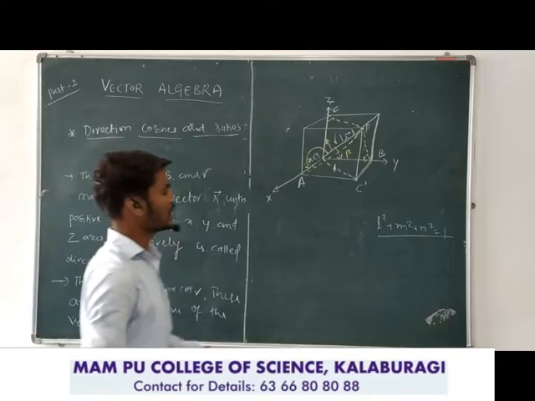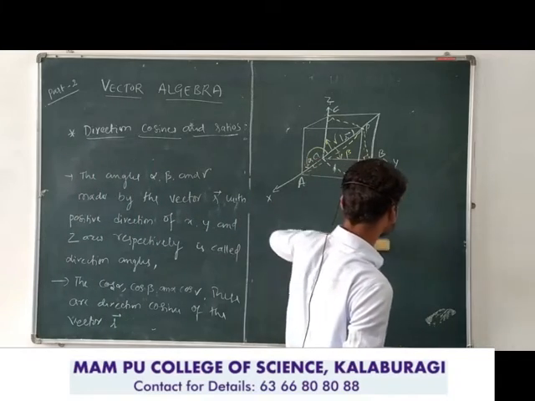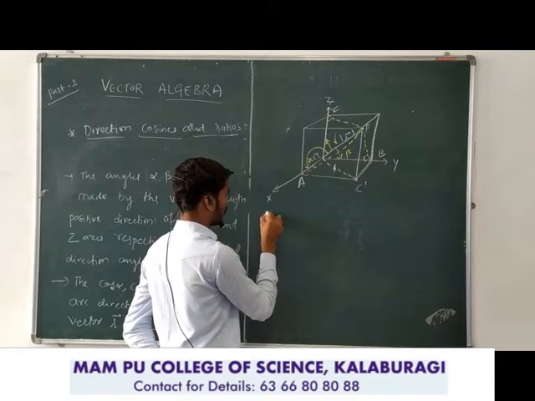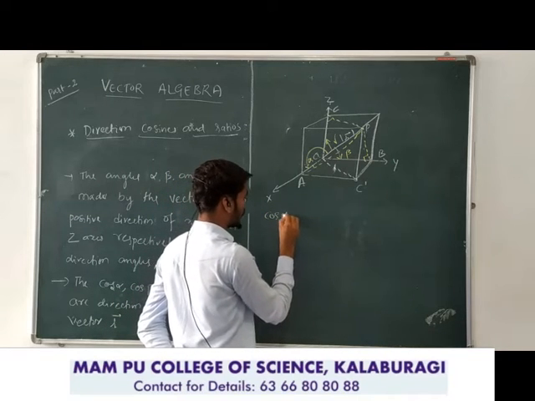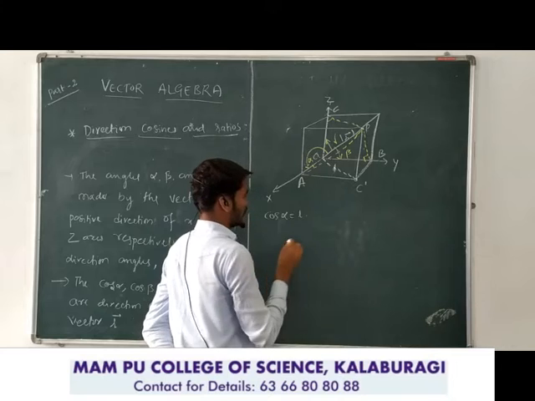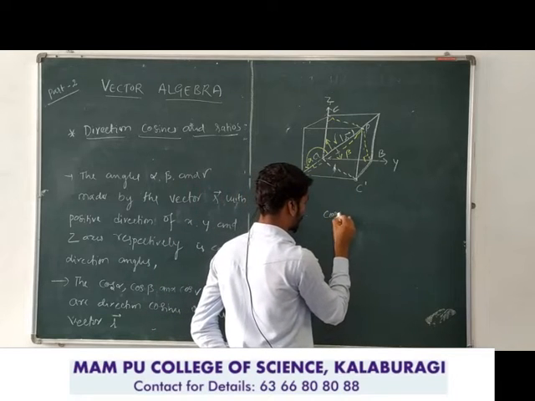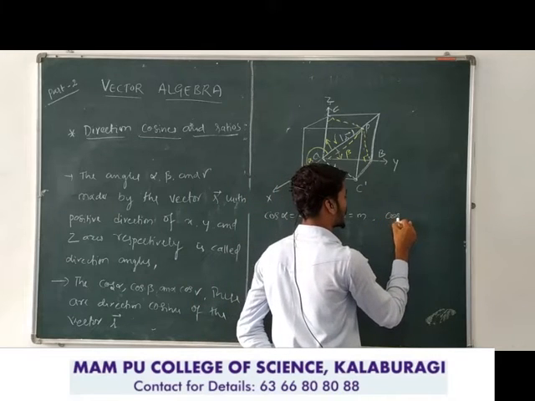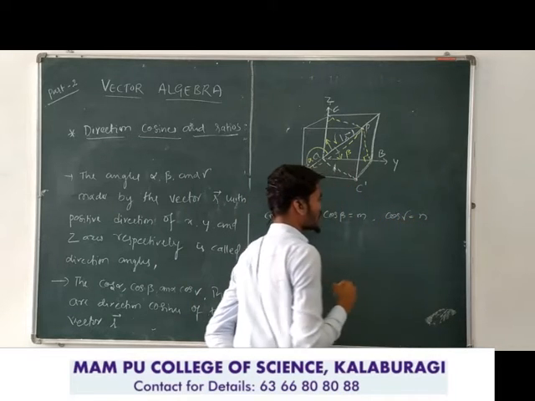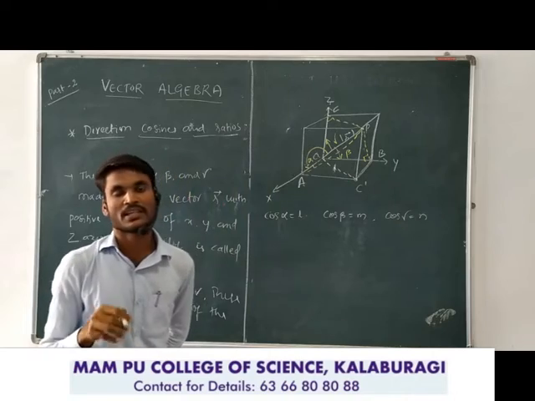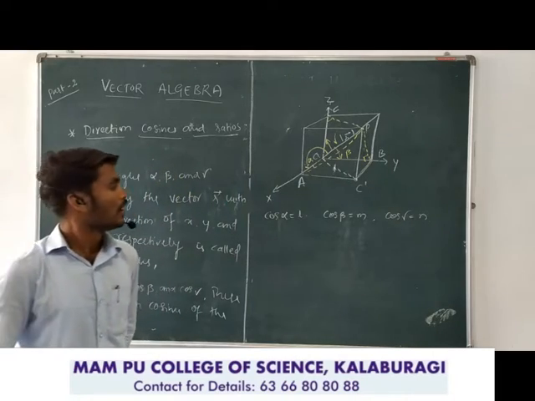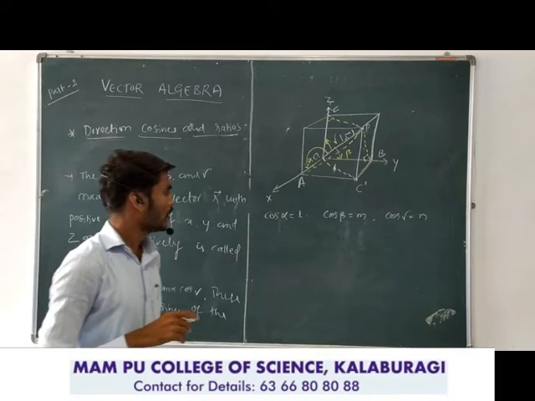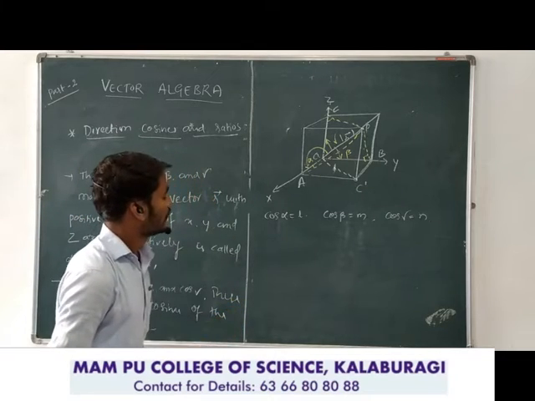Now I consider cos alpha is equal to L, cos beta is equal to M, and cos gamma is equal to N, because we are finally proving that L square plus M square plus N square is equal to 1.